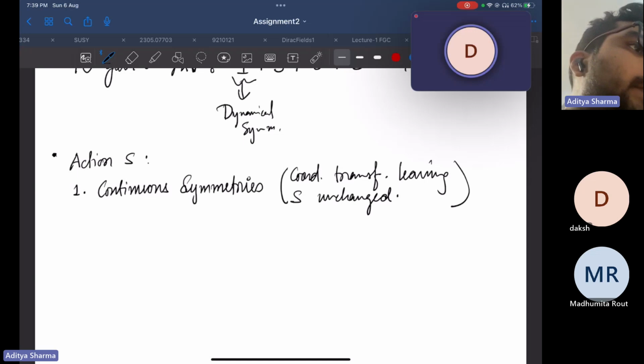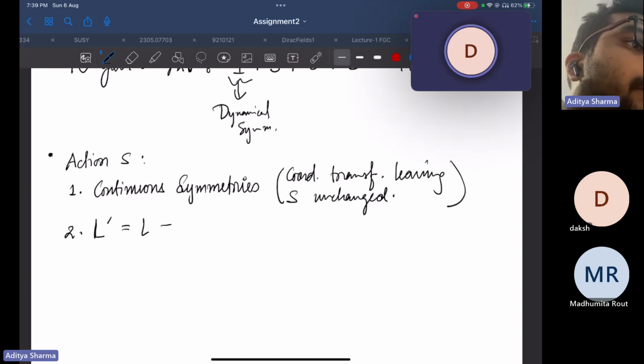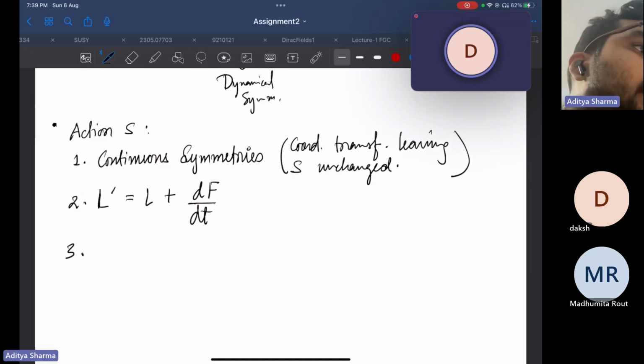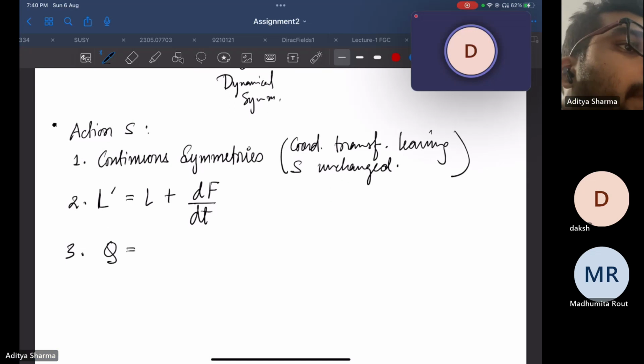Once you know this, the second thing is to figure out if it leaves S unchanged, meaning L unchanged up to a total derivative, and to figure out the total derivative. The third is to just apply the formula, which is this.